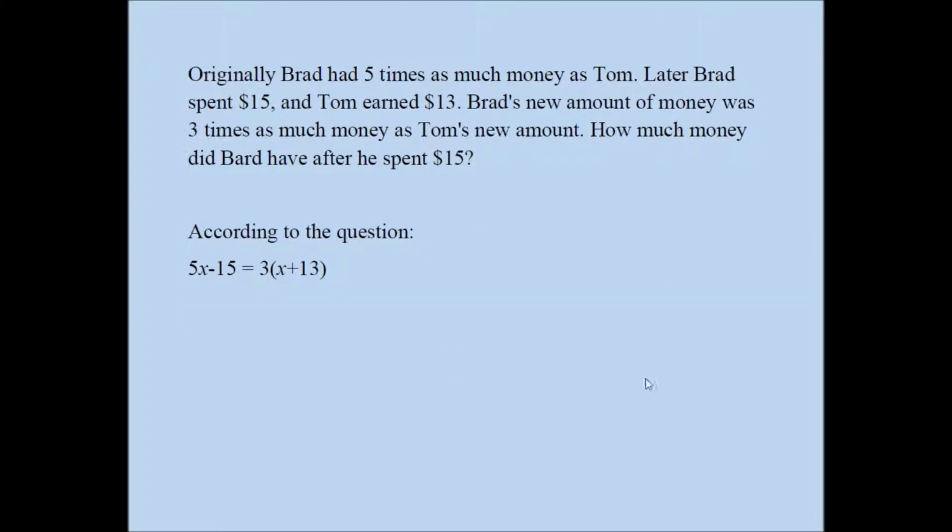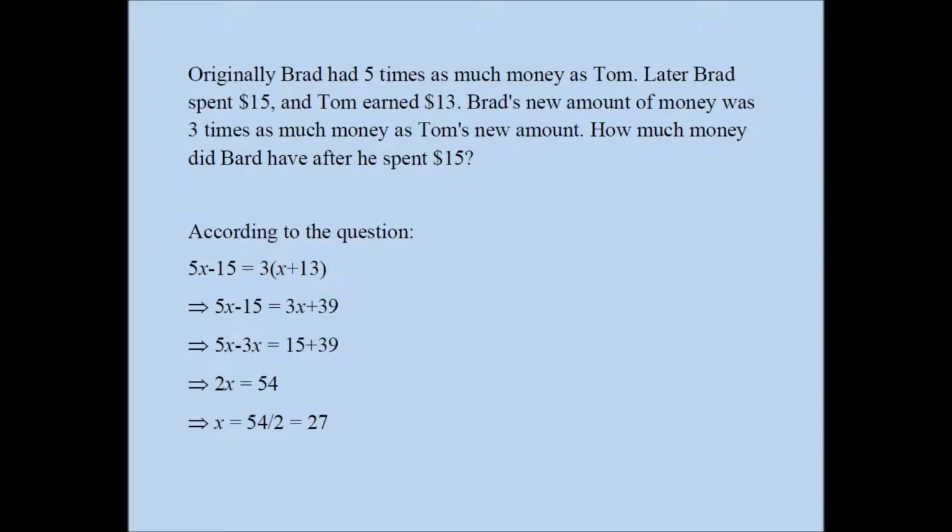What we're claiming here is that according to this part of the question, Brad's new amount was 3 times Tom's new amount. So this is Tom's new amount, this is Brad's new amount, and Brad's new amount is 3 times Tom's new amount. Now all we need to do is solve this algebraic equation for x.